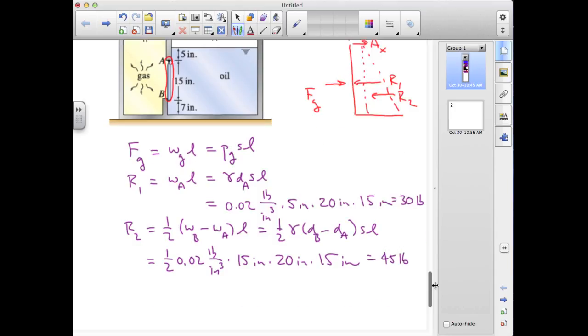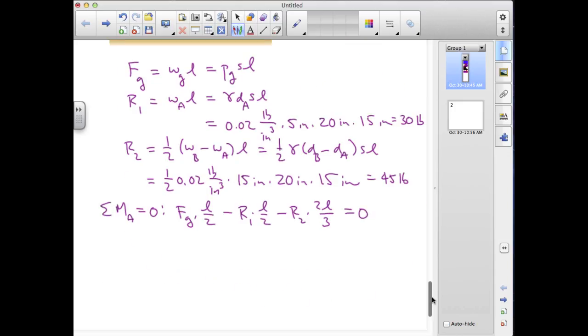So now if we take moments about A and set those equal to 0, we have FG times the length of the gate over 2 minus R1 times the length of the gate over 2 minus R2 times 2/3 of the length of the gate is equal to 0.